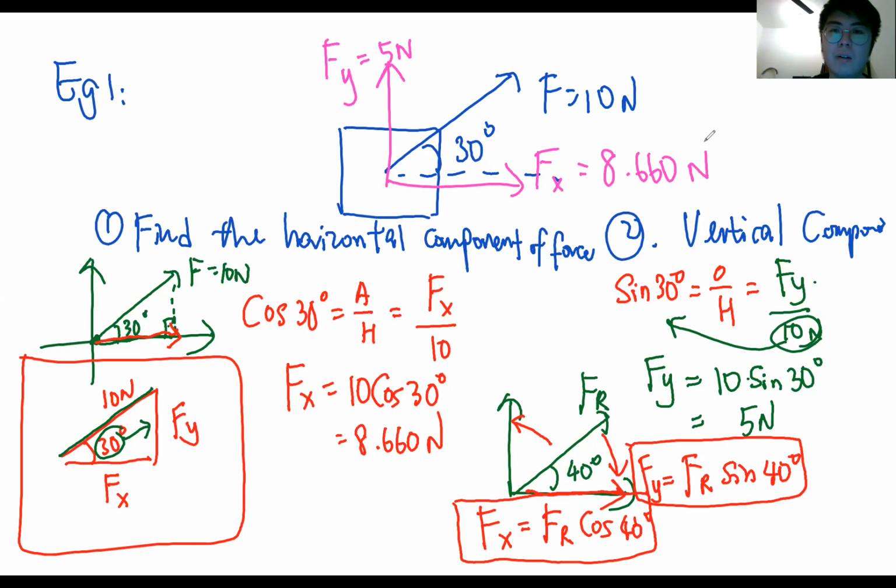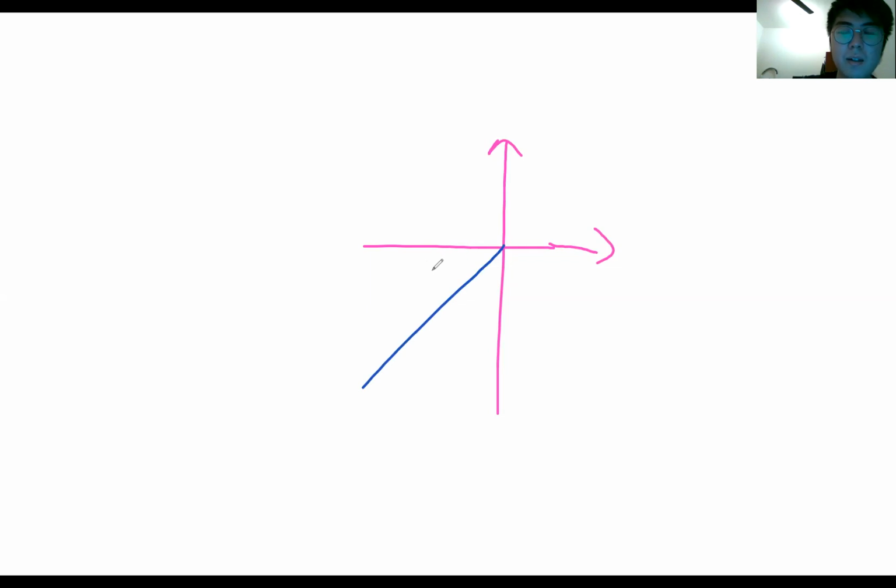Now let's do another one, using the cos and sine shortcut I mentioned. Let's say you have a line like this, and here is 60 degrees. Now this is F equals 10.